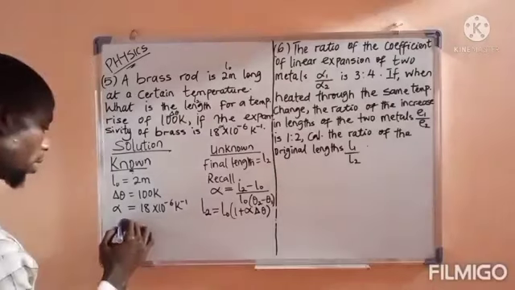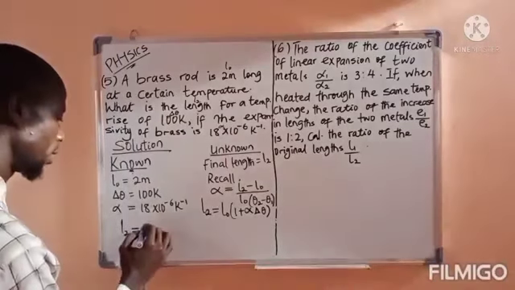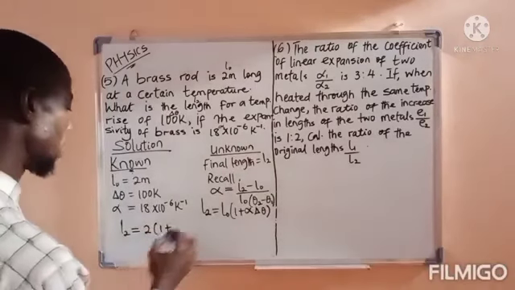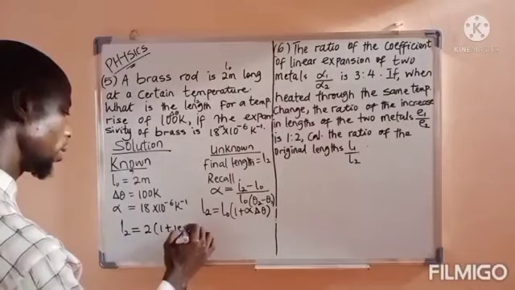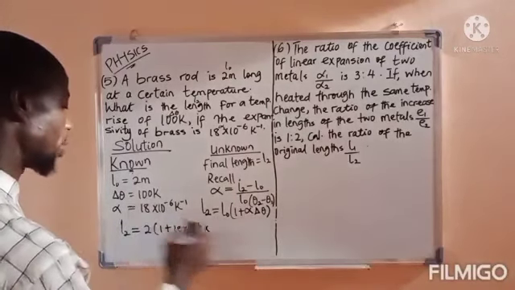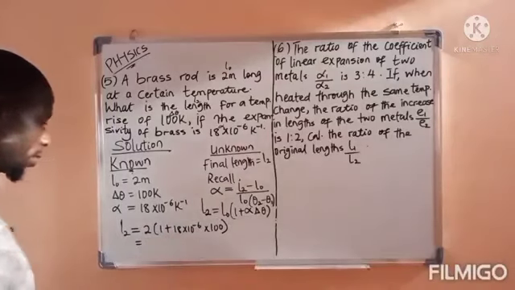So hence I can have L2 is equal to, what is my L0? The original length, 2, into 1 plus, what is alpha? It is 18 times 10 raised to power minus 6 times the temperature rise, which is 100. So you see that it's very fast.